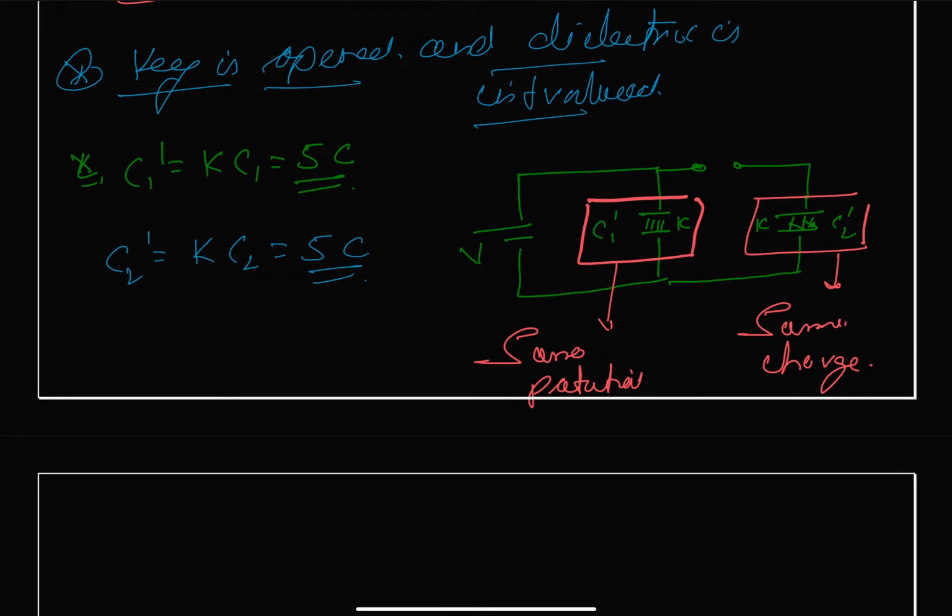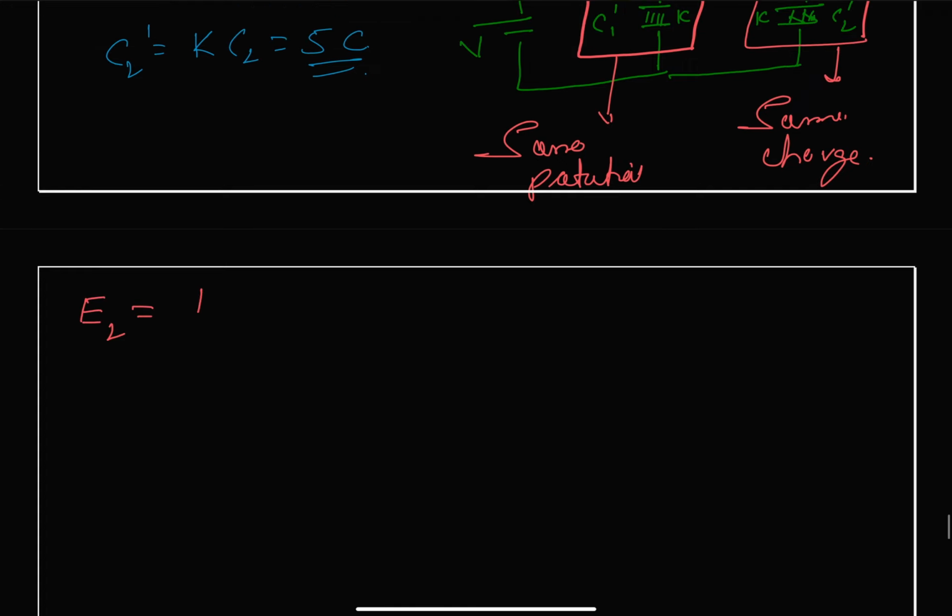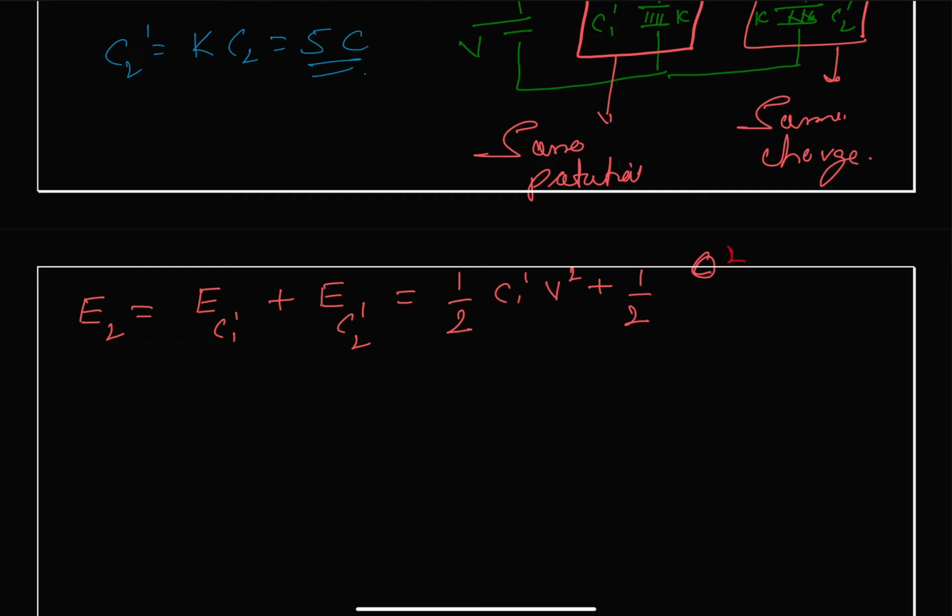So we can say total energy E2 will be equal to the energy on C1 prime plus the energy of C2 prime. C1 prime is having the same potential, so we can say half C1 prime V square, plus it is having the same charge, so this comes half Q square upon C2 prime.